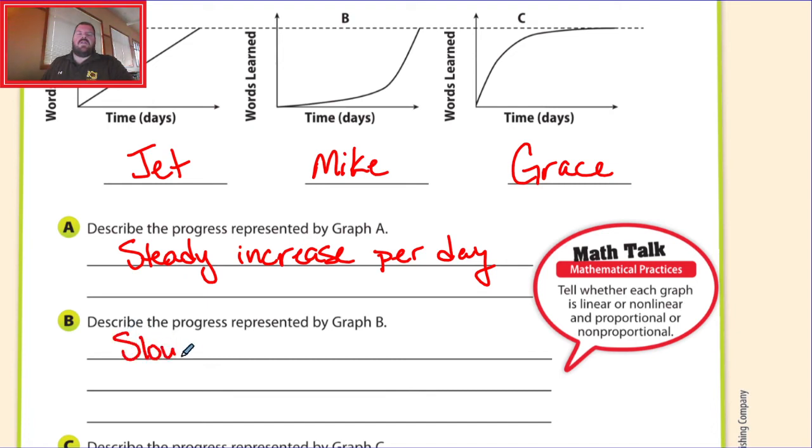So a slow increase followed by a fast increase.